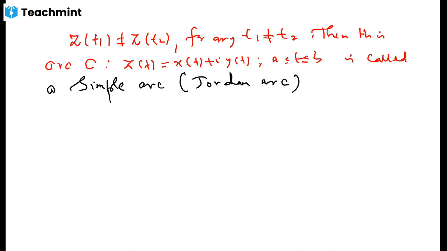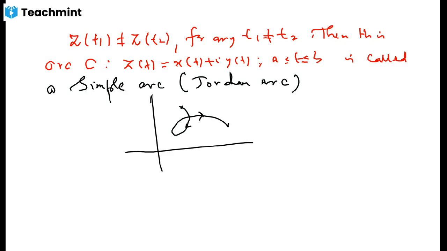So what is this thing, that you have the possibility of arcs like this. This is also an arc. This is also an arc. Suppose it starts from somewhere here and it ends here. This is also an arc.